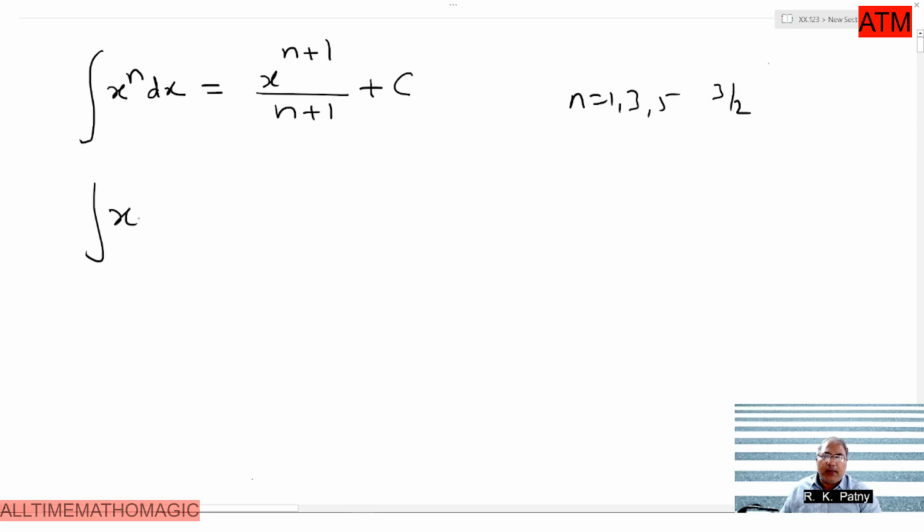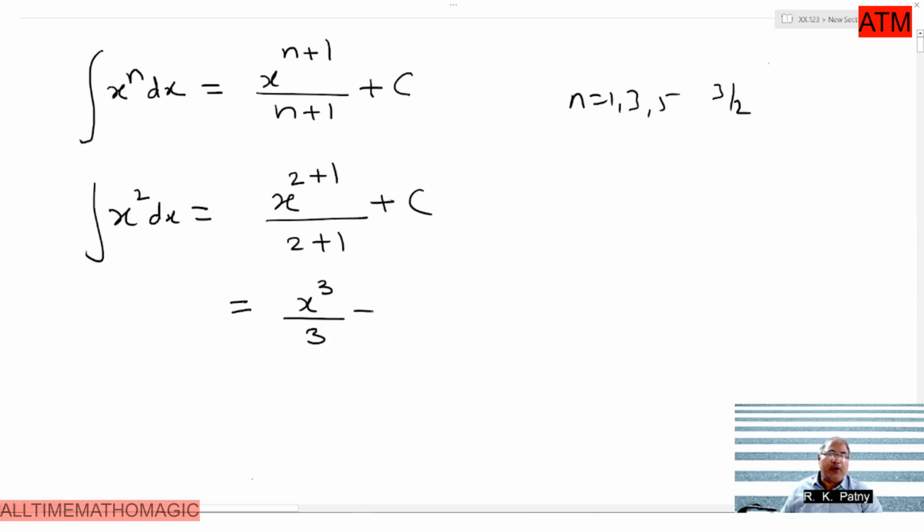Example, x square with respect to x. Integration of x square with respect to x is nothing but x raised to 2 plus 1 upon 2 plus 1 plus c, that is equal to x cube upon 3 plus c.